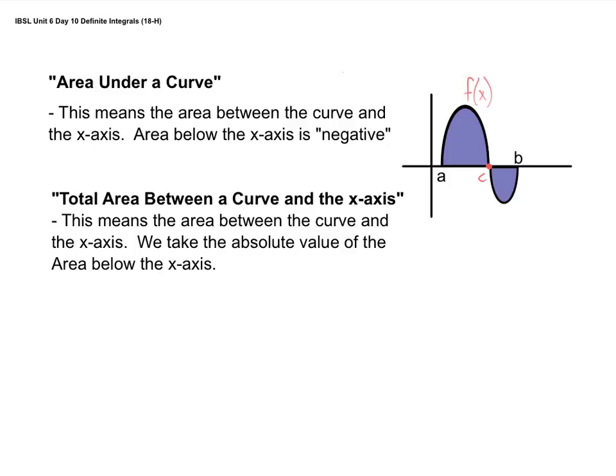So, for example, this might have an area of, say, 12, and this area down here might be like a negative 4. Okay?